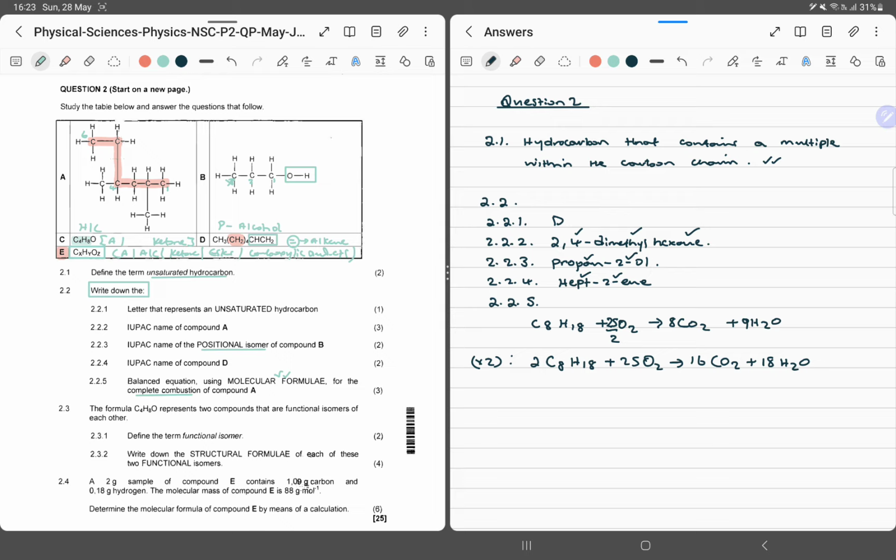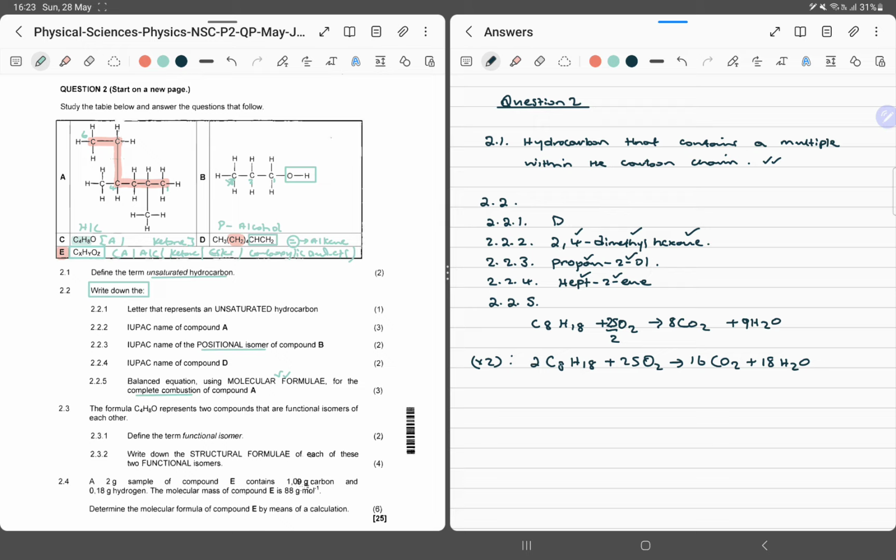But why do I feel like there's a crime now here? There is a situation that I don't like here. Let's see. We've got now 16 carbons. There's 16 carbons, okay? We've got 18 by 2.